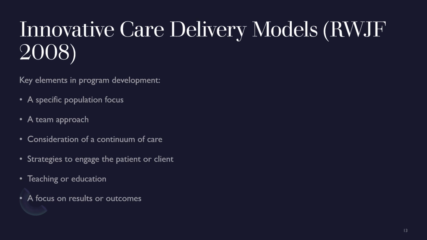So regardless of whether it's in acute care or bridging the continuum or comprehensive care, there always be a specific population focus, that the more specific the population focus, the more effective the care, that it always be a team approach, that there be a consideration for a continuum of care, strategies to engage the patient or the client so that they can be informed participants and directors of their own care. Teaching and education has to always be a part of the model, and then a focus on results or outcomes.